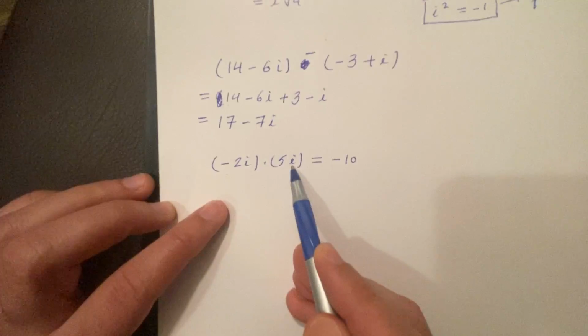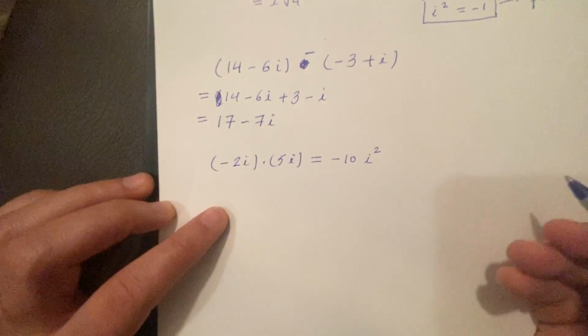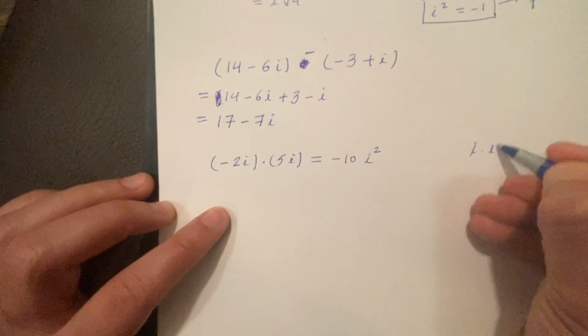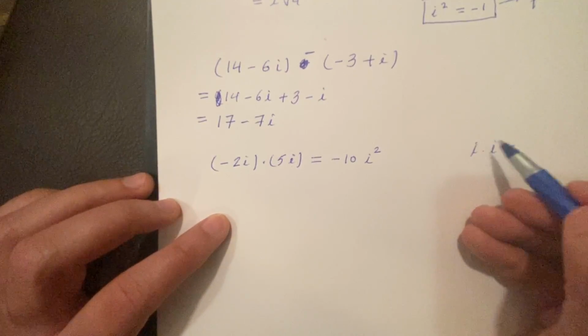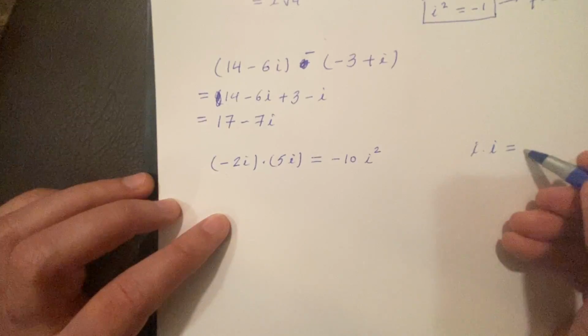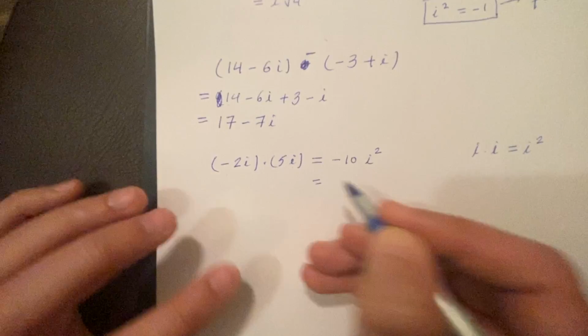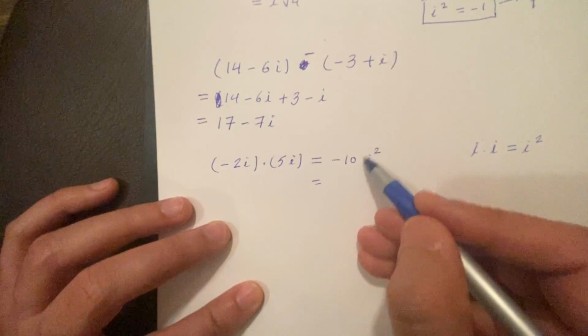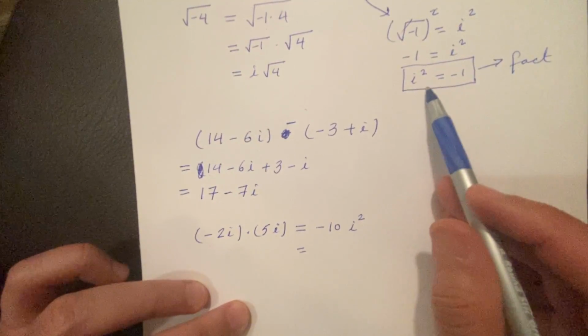i times i is i squared, right? Because i times i has the same base with 1 on the power, so 1 plus 1 is 2, so i squared. And i squared, we said right here, is negative 1, right?